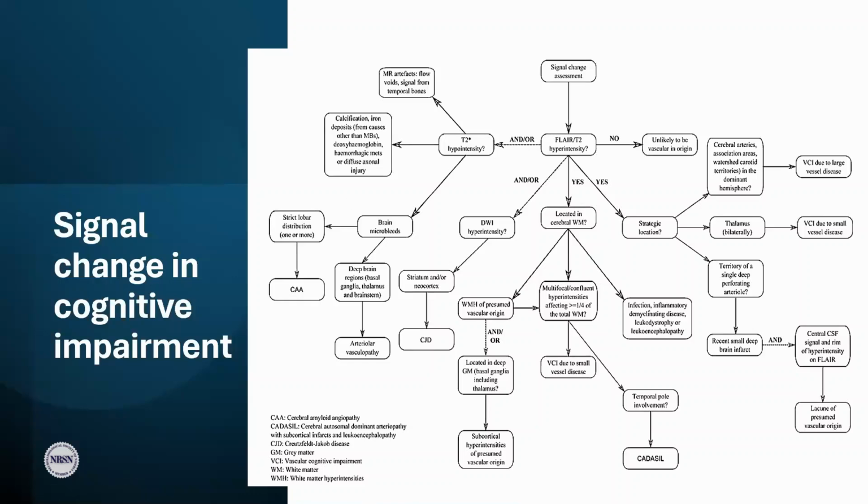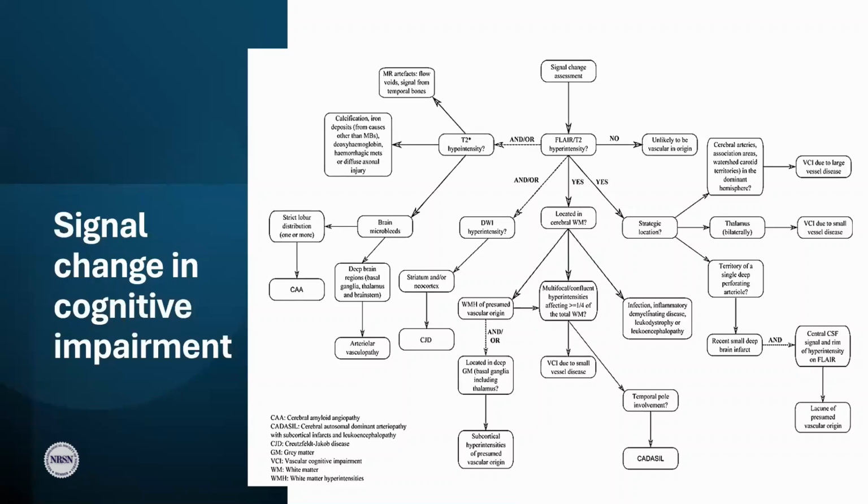Lobar distribution, do we have it concentrated in one or more lobes, or do we have it in deep brain regions, such as the basal ganglia? If it is in strict lobar distribution, in frontal, parietal, temporal lobes, we'll be thinking of cerebral amyloid angiopathy. If they are in deep brain regions, we'll be thinking more of a hypertensive atherosclerotic vasculopathy.